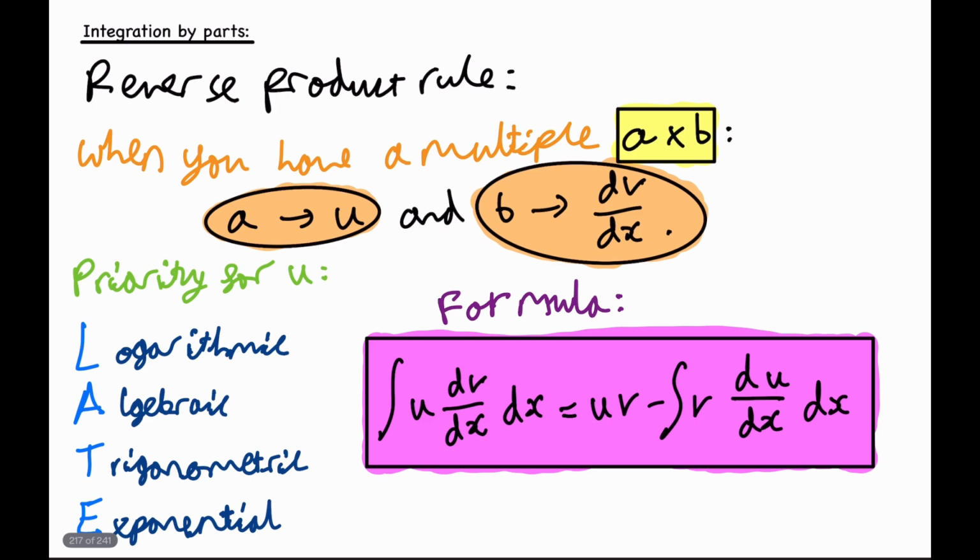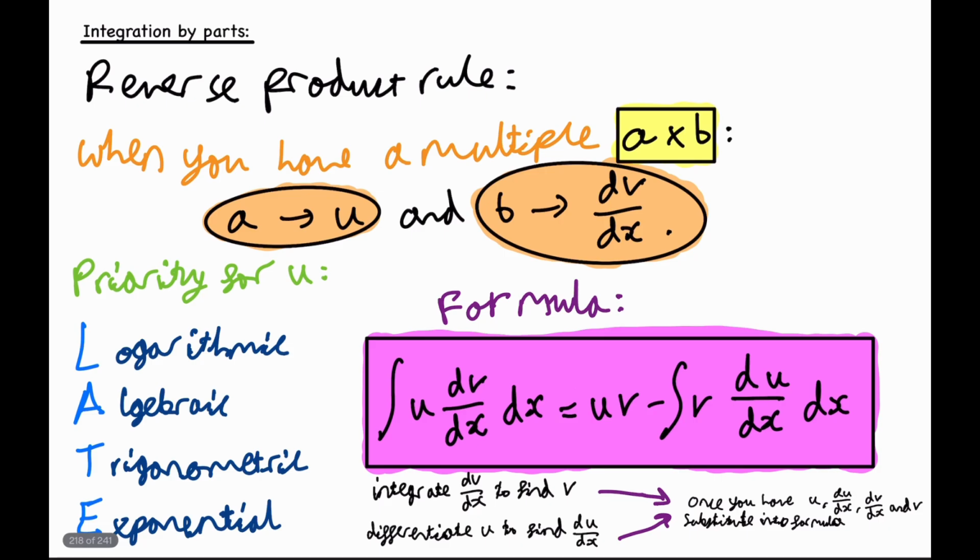And the formula is this. Say your multiple of a times b is the same as your multiple of u times dv over dx, because your a would be u and your b would be dv over dx. You would write it this way just for standard notation at the start, but you understand now. Once you make one of your functions u, you can differentiate it to find du over dx, so you can substitute du over dx and u into the formula at the end.